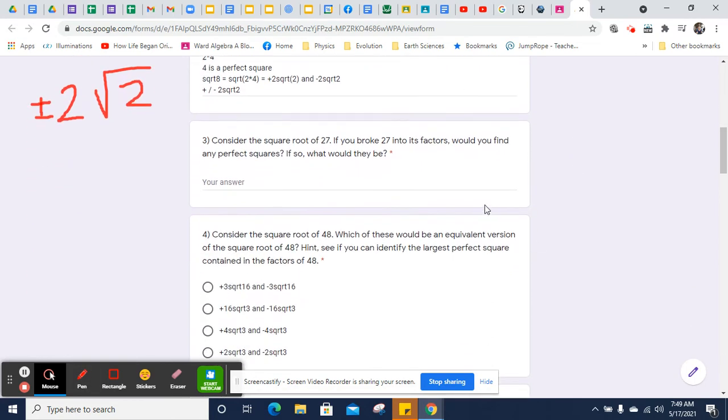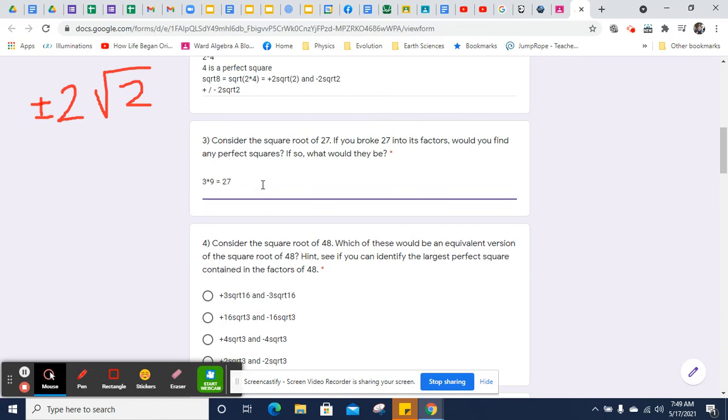So let's take a look at 27. Can we break 27 into any perfect squares? Well, 3 times 9 equals 27, and 9 is a perfect square. So the square root of 27 would equal the square root of 3 times 9, and we can pull out that 9. When we pull it out, we're getting the square root of it.